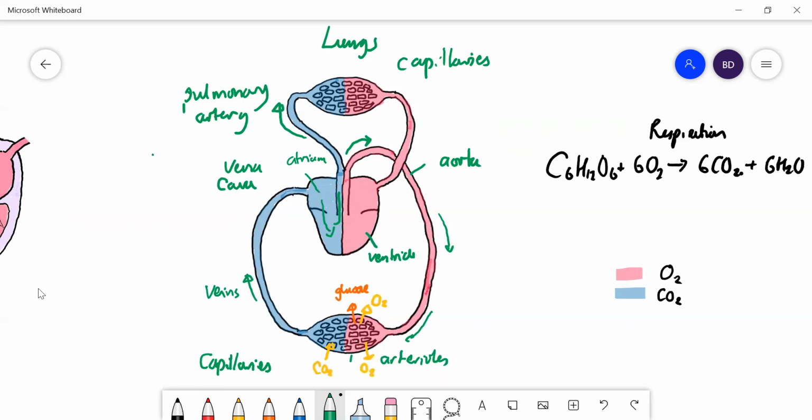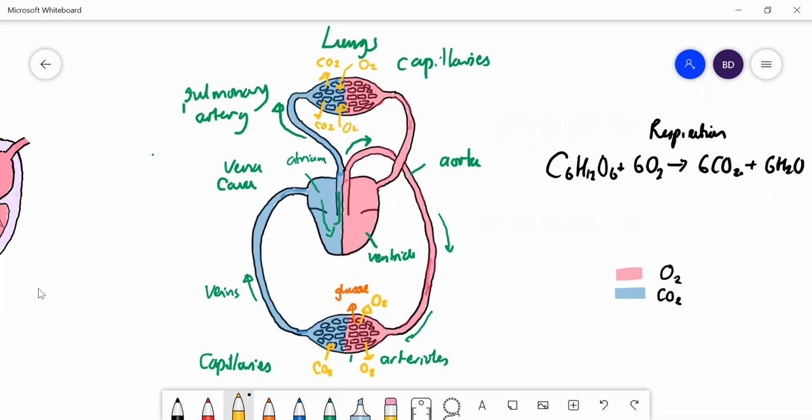Carbon dioxide is going to diffuse out, this time down the concentration gradient, out of the capillaries into the alveoli, and then that will be expelled when you breathe out. At the same time, oxygen is diffusing into the blood from the alveoli, from the air, making the blood oxygenated.